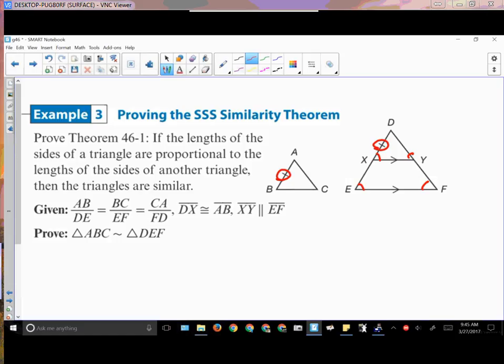They also tell us that, what else would they tell us here? I think that was pretty much it. So just by doing that, can I assume that there is going to be a ratio of DX over DE?